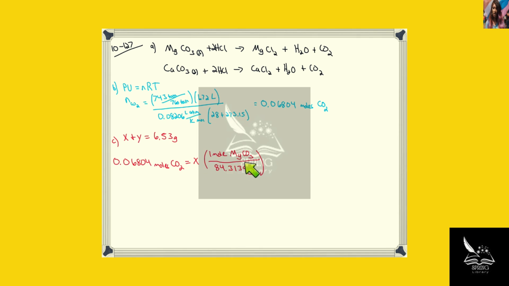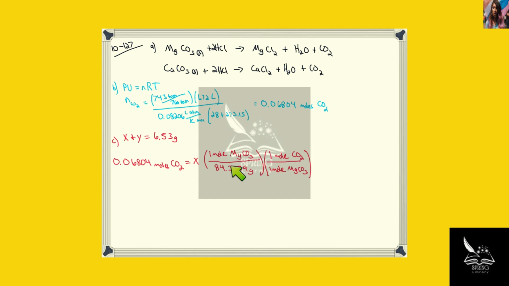This would give us the moles of magnesium carbonate that we have to make carbon dioxide. We would then look at the stoichiometry of the reaction and see that it is 1 to 1, so we could convert the moles of magnesium carbonate into moles of carbon dioxide with a 1 to 1 relationship.